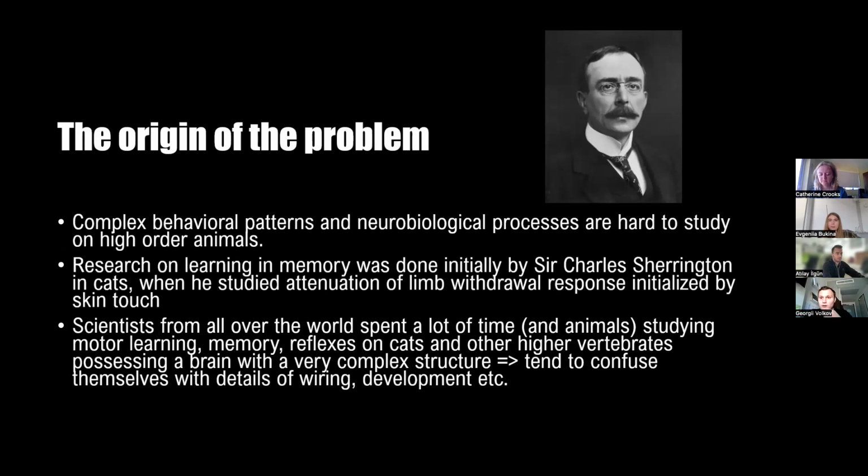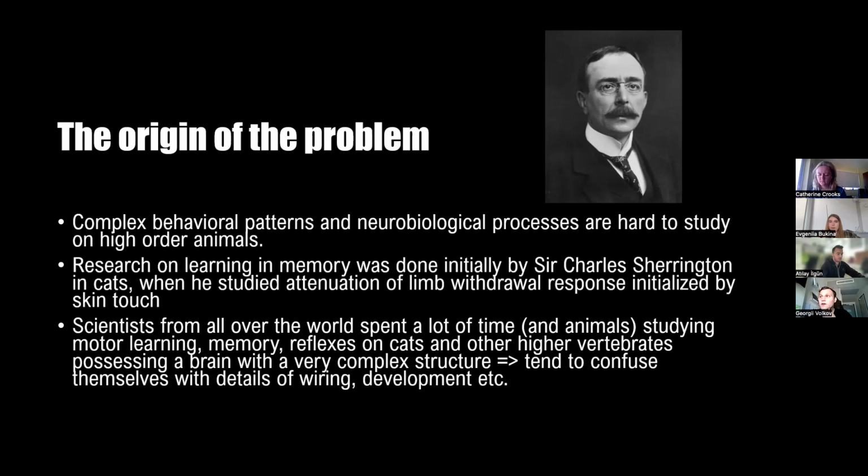And the problem with cats or some other higher order vertebrates was a very complex brain structure. For example, if you consider even just one brain region, such as the hippocampus, you know that there are a lot of cells there of different types that wire between each other in a very intricate manner.